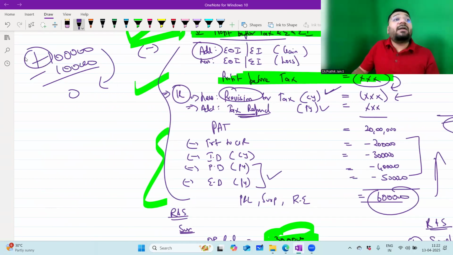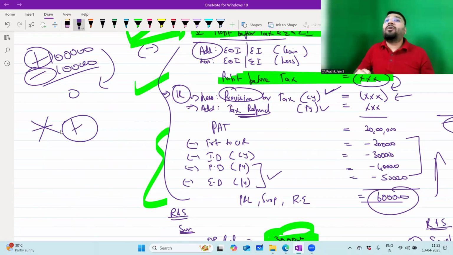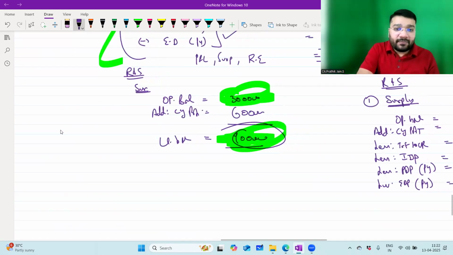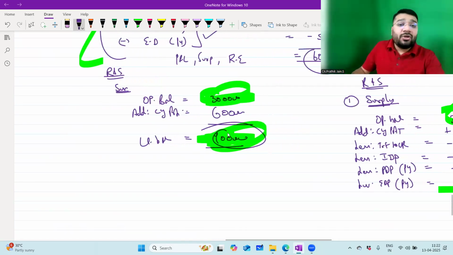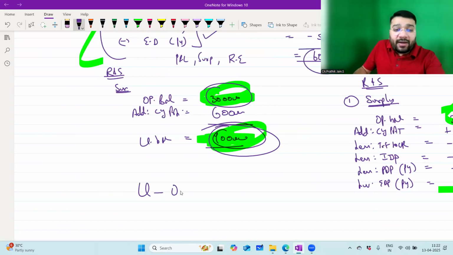So all the items that you've added earlier in the normal process, you now have to cancel by giving a minus. And all the items which are in minus, to cancel the impact of minus, you have to add now. Am I loud and clear? Now please tell me, if I go with that logic, closing balance is 9 lakh, opening is 3 lakh. So closing minus opening, if I do, what will I get? 9 lakh minus 3 lakh. What will I get?